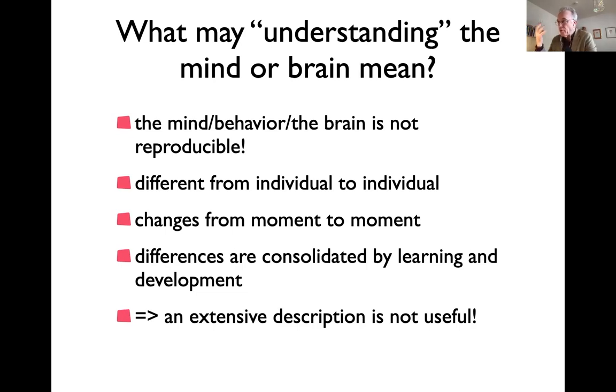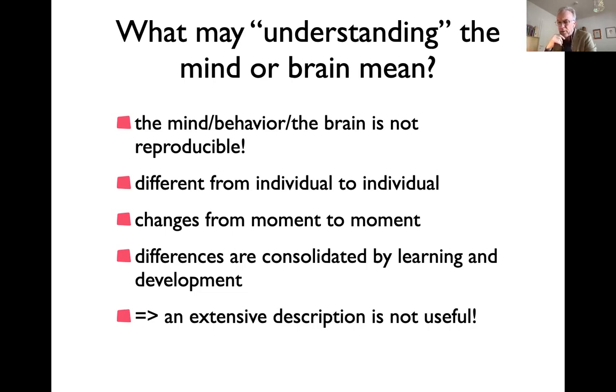The brains and the behaviors are different from individual to individual. They're different from one moment to the other. When you listen to a lecture like this, after that, your mind has changed, as has your brain. And some of these differences that occur are permanent. After you have learned something, your brain remains different, is consolidated in some sense.